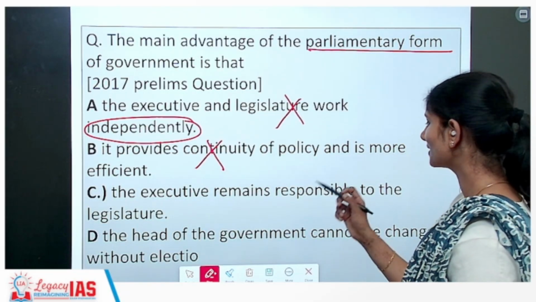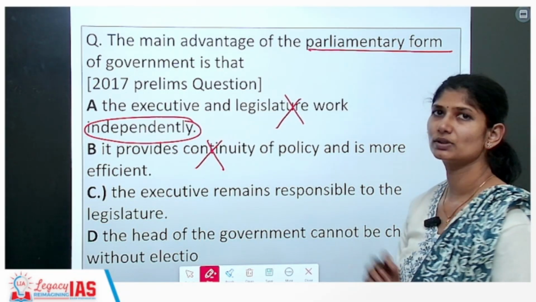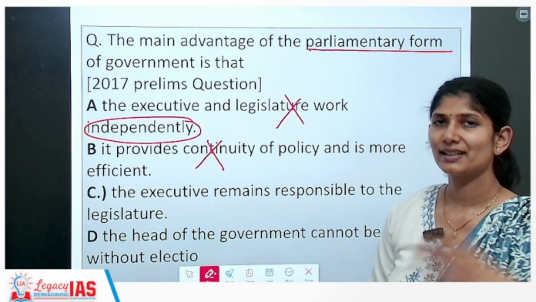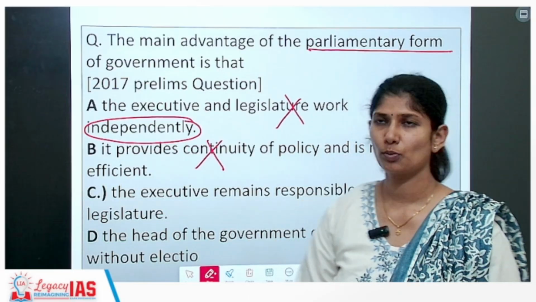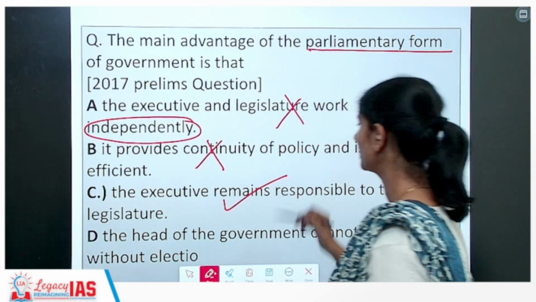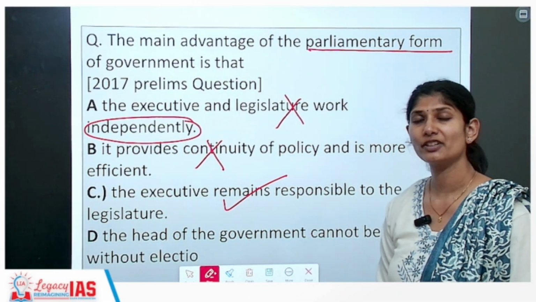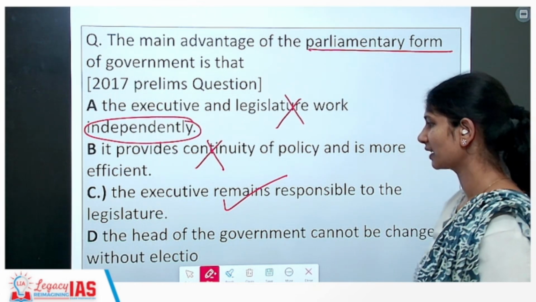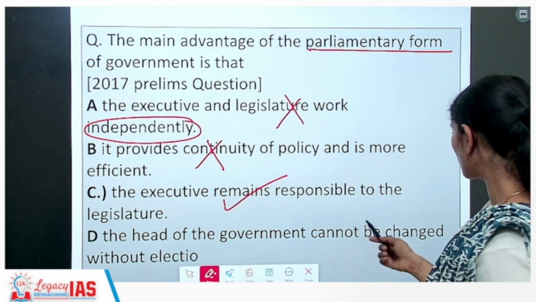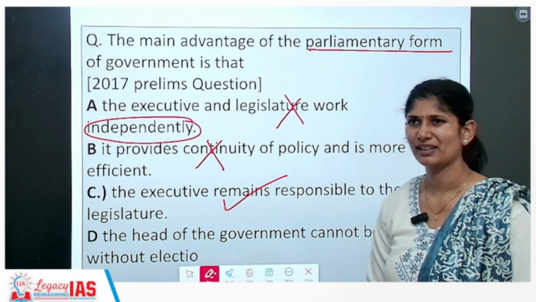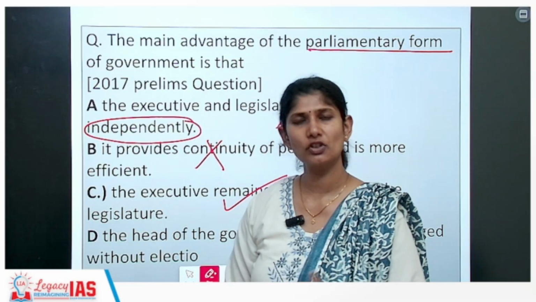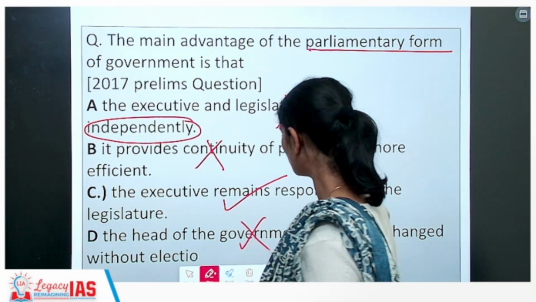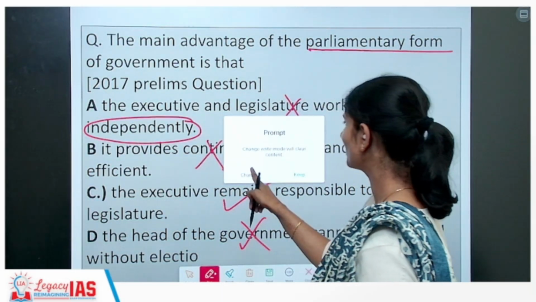Next, the third one: the executive remains responsible to the legislature. Like we said, presidential is stability, parliamentary is responsibility or accountability. So this was the feature why we picked the parliamentary form of government. The head of government cannot be changed without election. No such thing. Anyone who can prove the majority can be chosen. So this is wrong. The correct option is C.